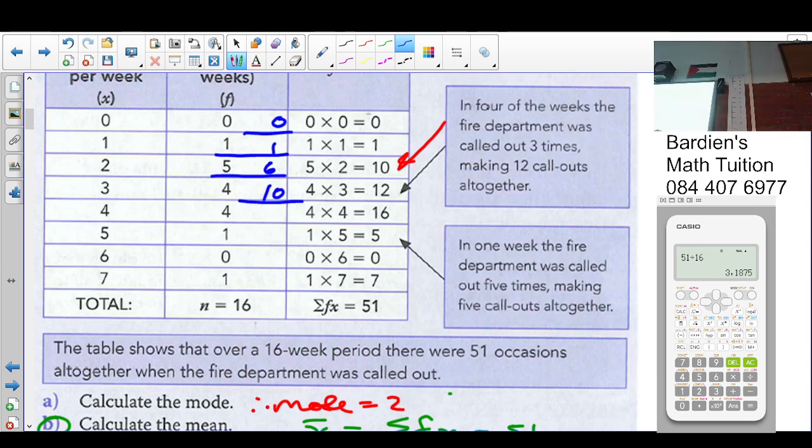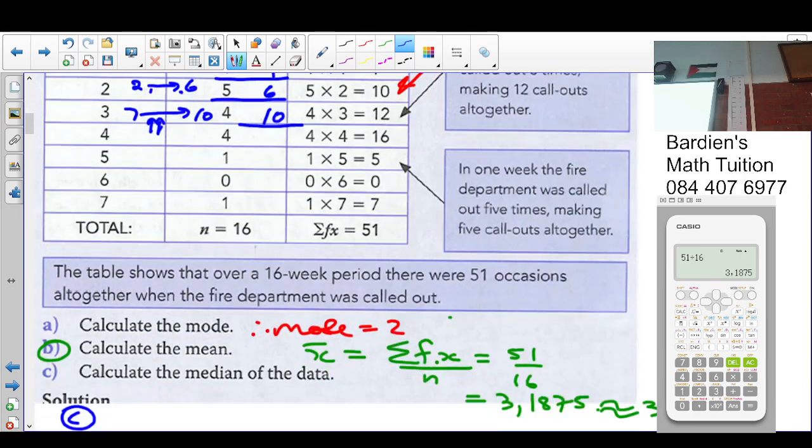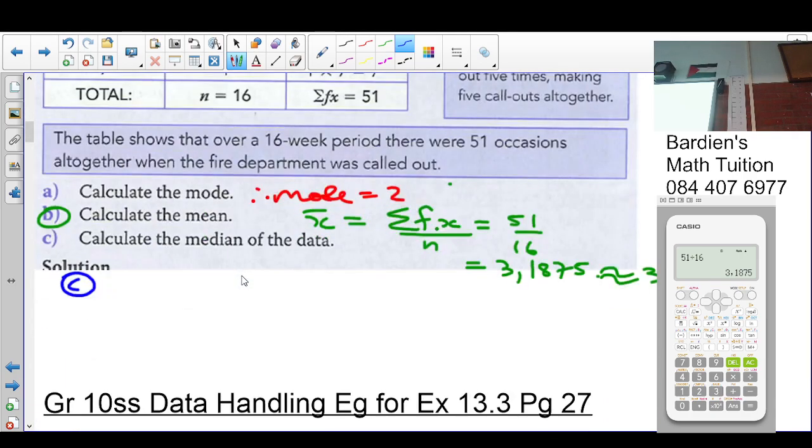So the 0 and 1 in this category will be the 2nd, 3rd, 4th, 5th, and 6th. Can you see that? Yes. In this category, I will have 7, 8, 9, and 10. Can you see that? So the 8th and 9th entry is going to be a 4. So what is the median? The median is going to be 4.